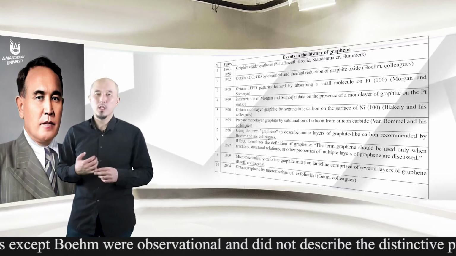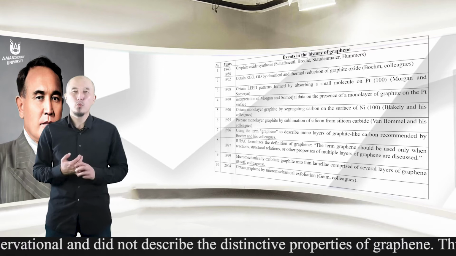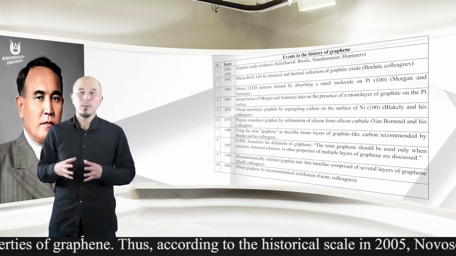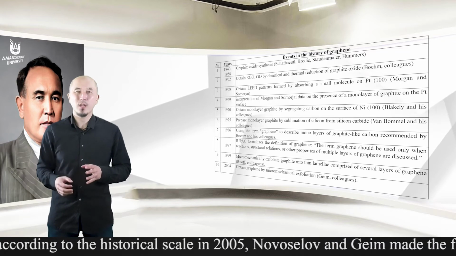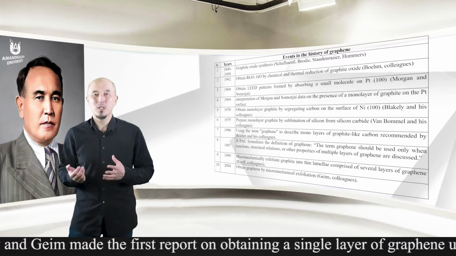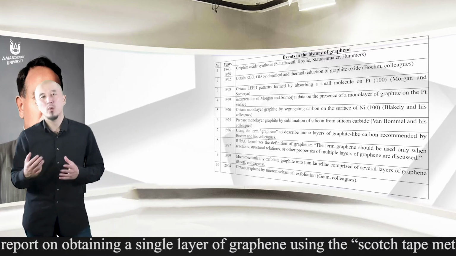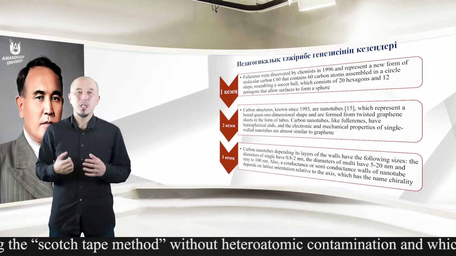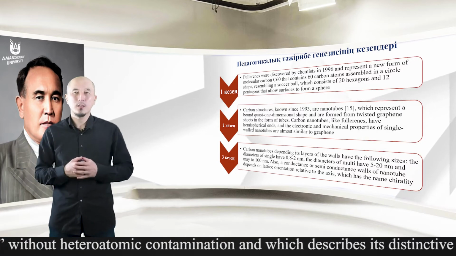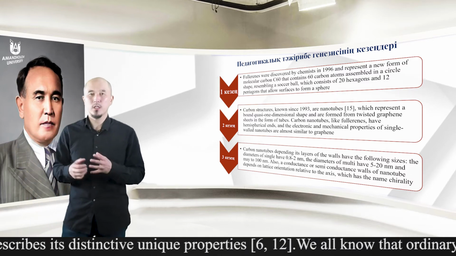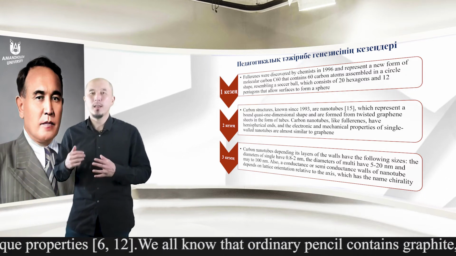Thus, according to the historical scale, in 2005, Novoselov and Geim made the first report on obtaining a single layer of graphene using the Scotch tape method without heteroatomic contamination, which describes its distinctive unique properties. Table 1: timeline of individual events in the history of graphene for its preparation, synthesis, and characterization.